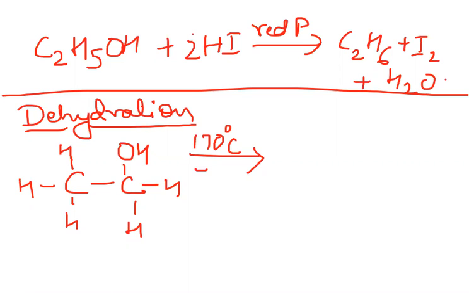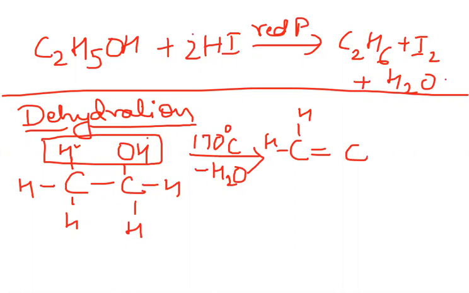It gives out a water molecule from within itself only. Let us say this HOH is given out, OH from here and H from this carbon. And of course, the compound that is formed has one hydrogen, a double bond, a carbon, and two hydrogens.